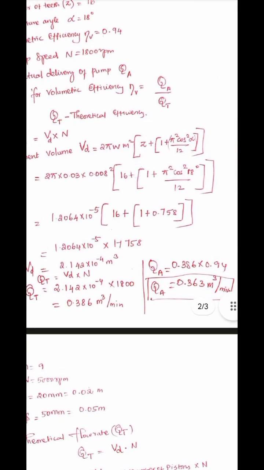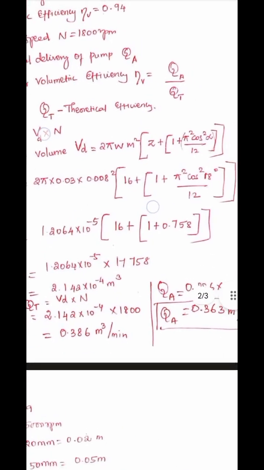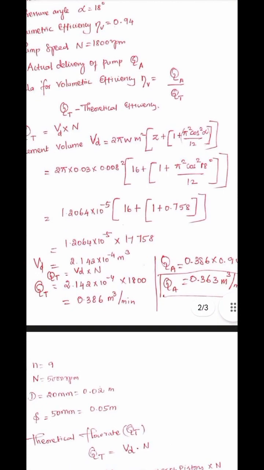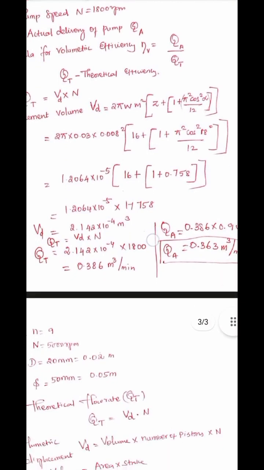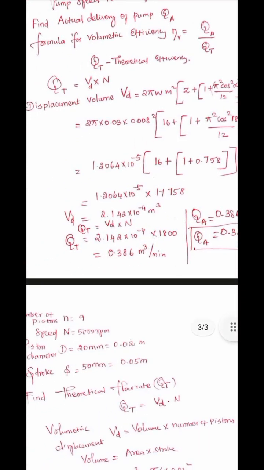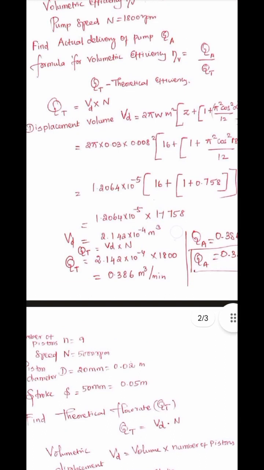Everything we have to apply in this particular formula, and then we can get an answer of Vd value 2.142 into 10 power minus 4. After that we apply the value in the Qt formula and calculate the Qt value, and I got an answer Qt is equal to 0.386 meter cube per minute.